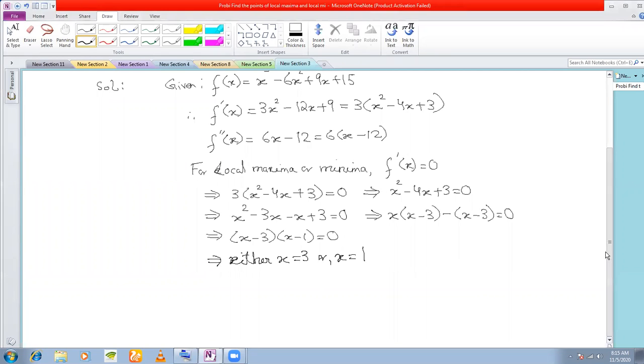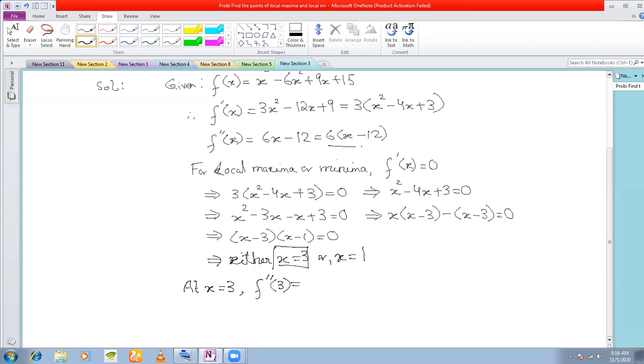Okay. How do you check for maxima and minima at these points? You consider the first point here. Okay. So at x is equal to 3, check the sign of f double dash x. We only need to check the sign. Okay. We are not concerned with the values, whether it is positive or negative. At x is equal to 3, what is f double dash 3?